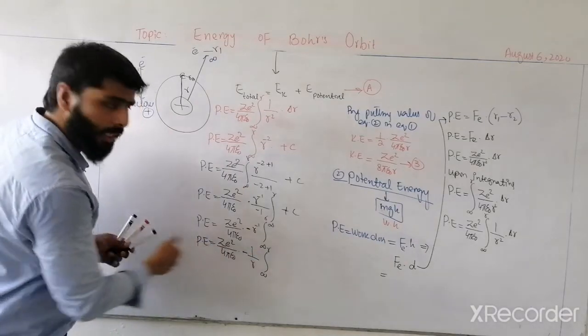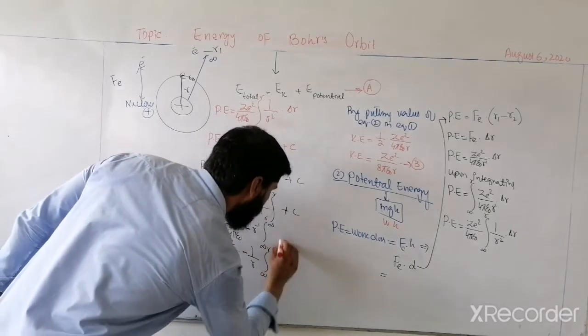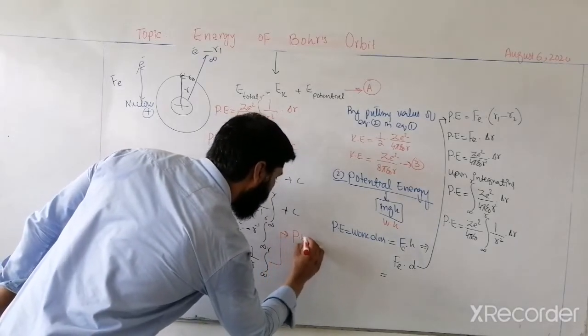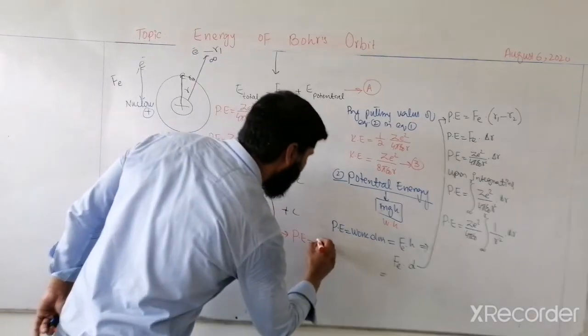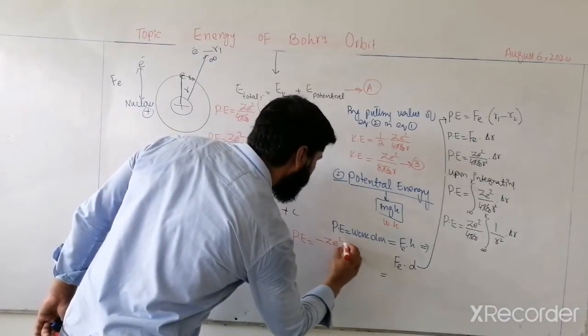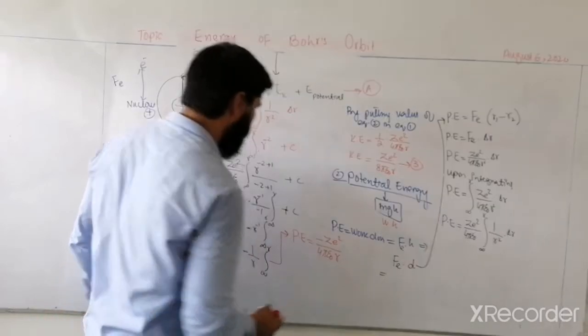Now simply by multiplying it, the potential energy will be equal to minus Ze² divided by 4πε₀r.